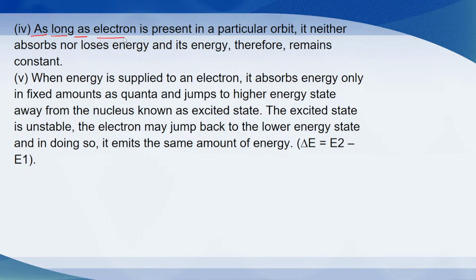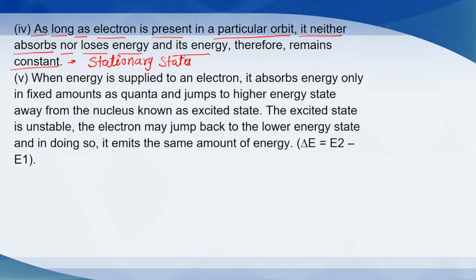As long as the electron is present in a particular orbit, it neither absorbs nor loses energy, and its energy therefore remains constant. And because of this, these orbits are called stationary states.